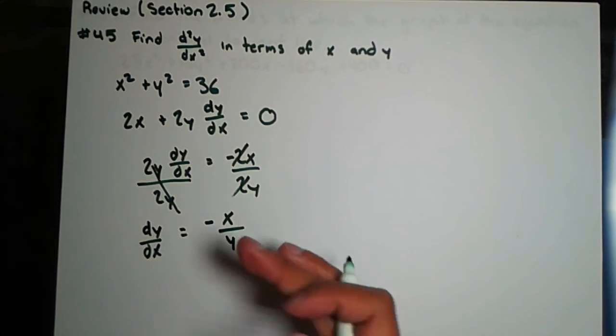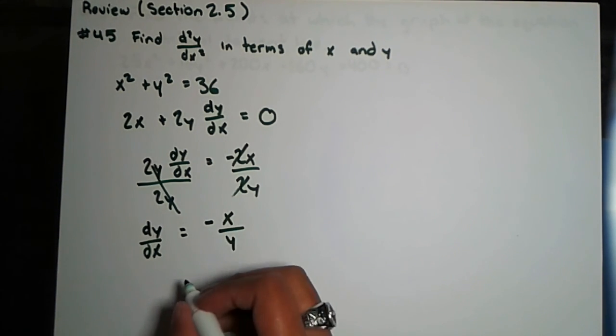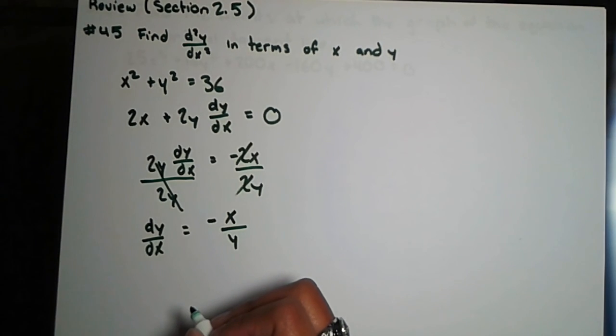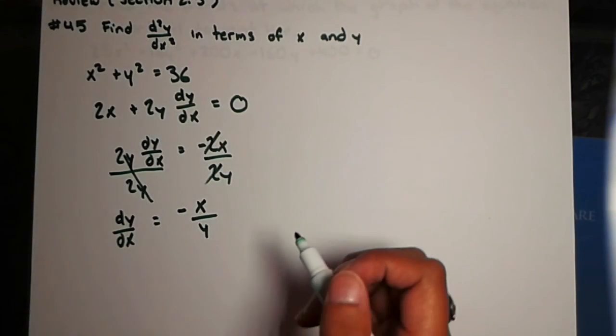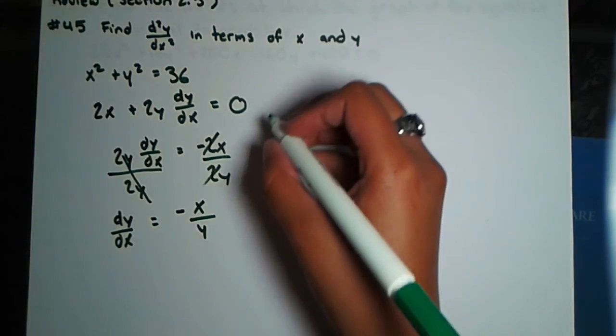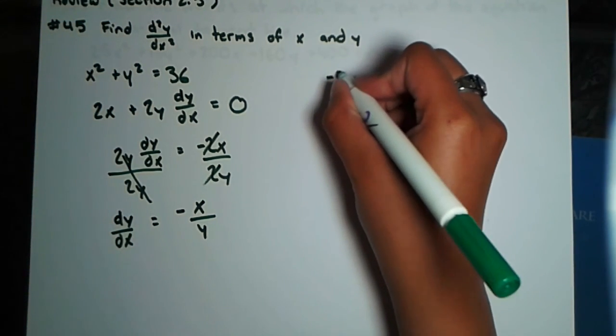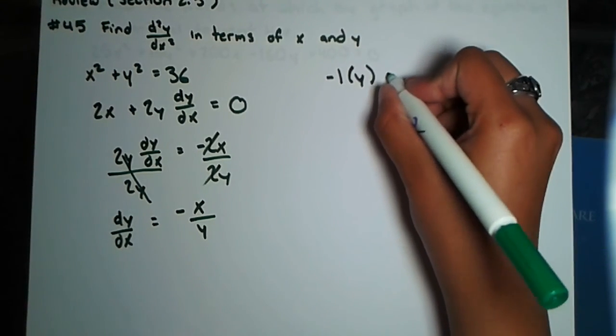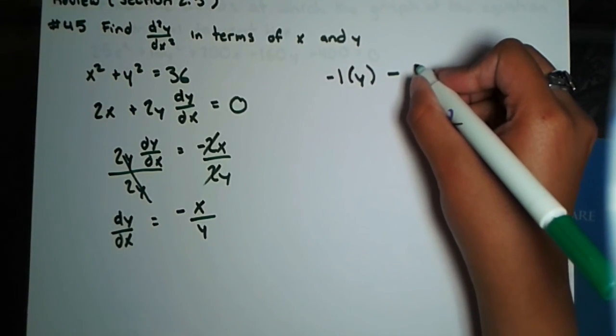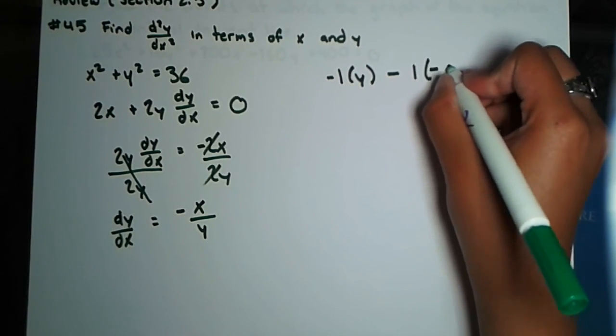Next, let's differentiate it one more time. So you can do the quotient rule: the derivative of the first times the second, minus the derivative of the second times the first.